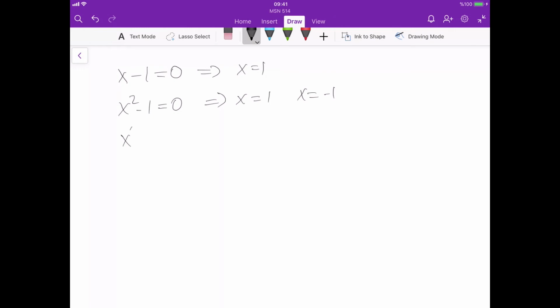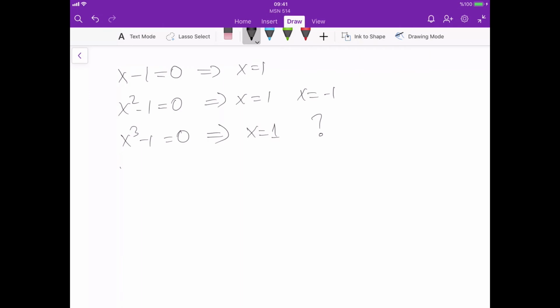What is the solution of this one? So it has to have 3 roots, right? x equals 1. Minus 1 is... It's tricky, right? We don't know the other 2 solutions. But we will come back to this.